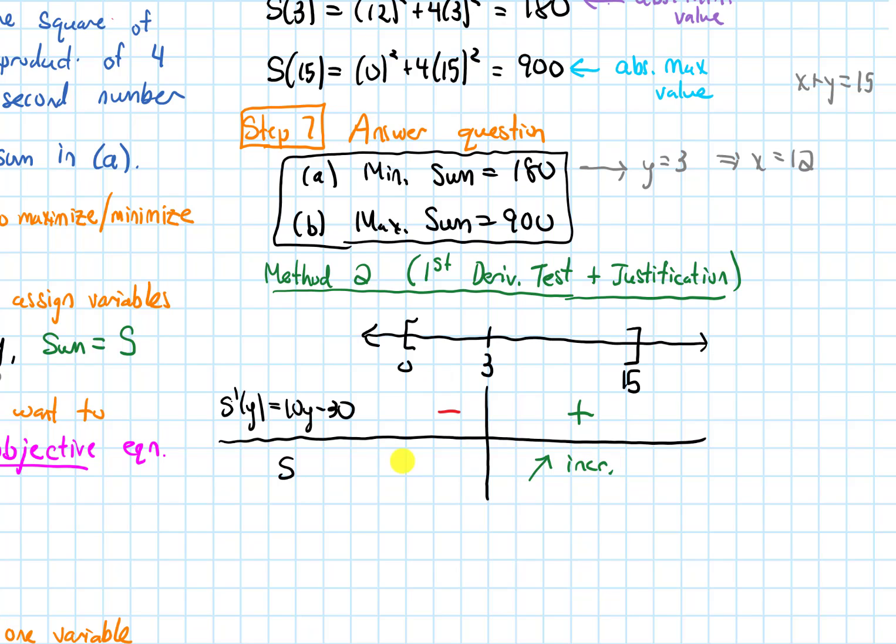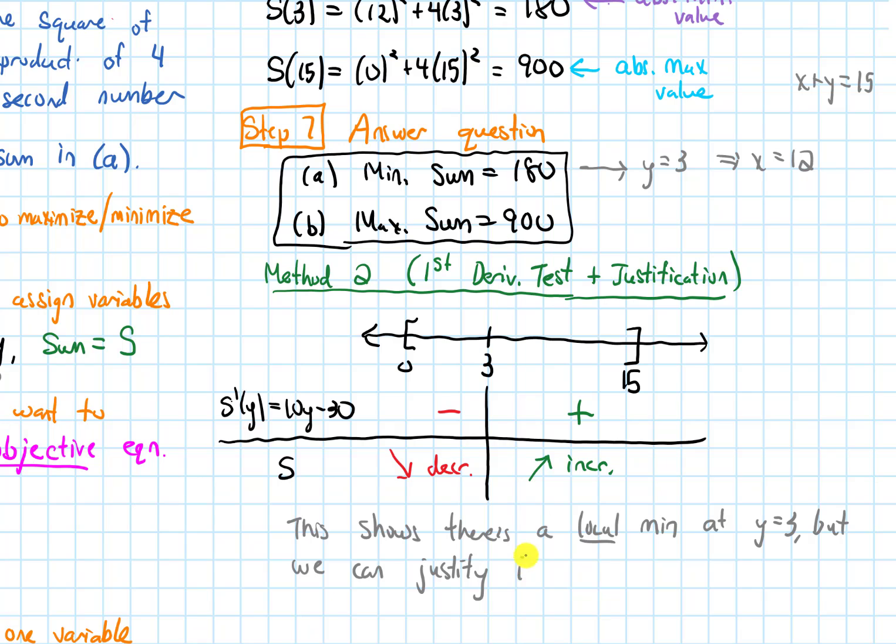And when the derivative is negative, s is going to be going down. It'll decrease. So this shows there's a local min. Remember, the first derivative test is for local mins and local maxes. There's a local min at y equals 3.